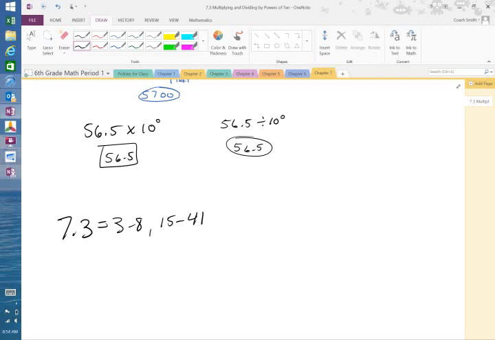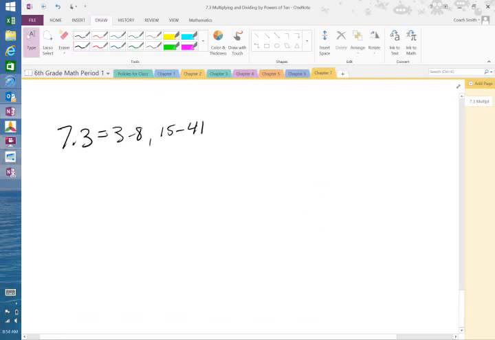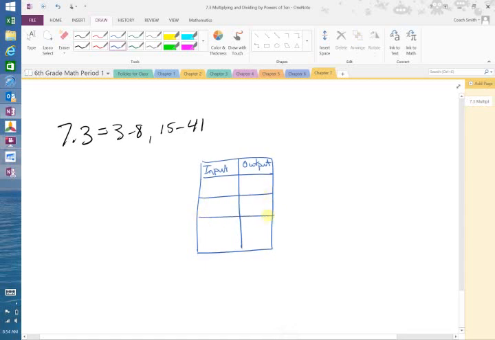Okay, they draw that little table. They have the table like this. They have input. They have output. Then they have like 31, 32, 33. And then they put 32 in here.